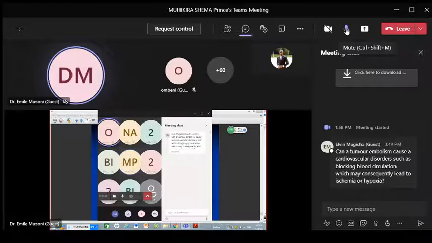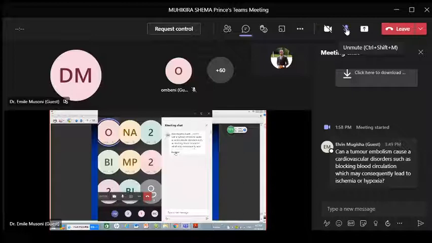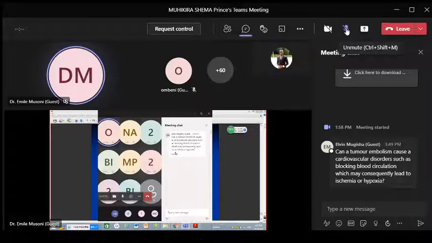Here they ask, can tumor embolism cause cardiovascular disorders such as blocking blood circulation, which may consequently lead to ischemia or hypoxia? It is not like a blood clot.